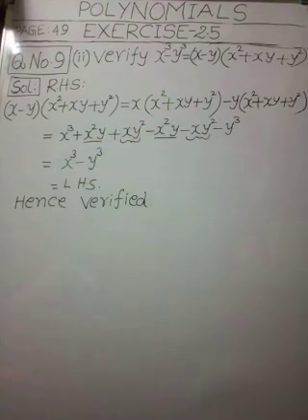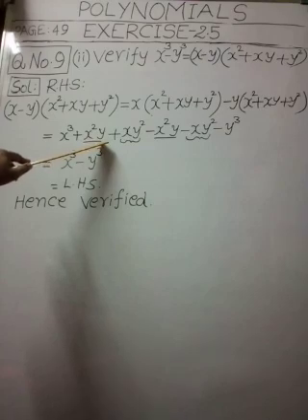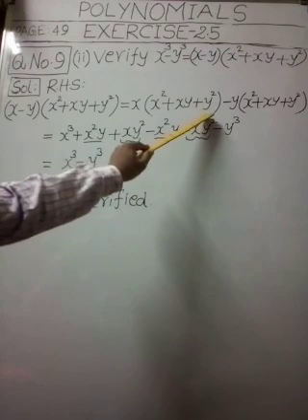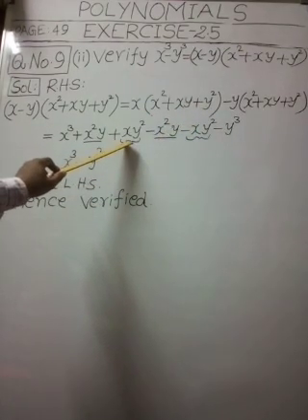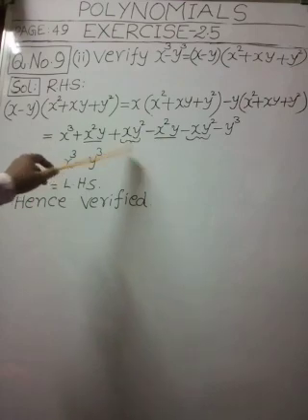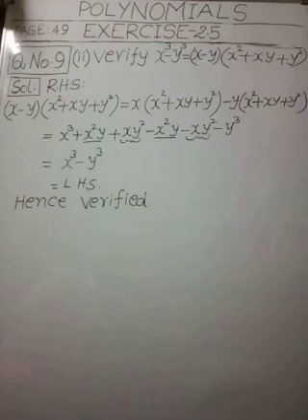If you multiply these two, what will you get? Plus x square y. Understood the second term? Right. Now come to this one. x into y square. What will you get? xy square. Understood this third term? Right. So here the multiplication of these two algebraic expressions is over.